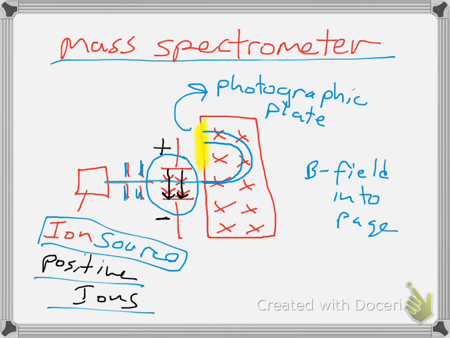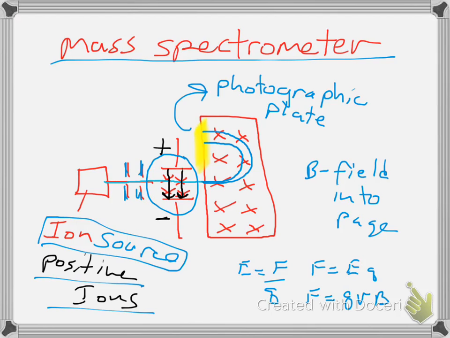But what if you're going too slow? Well, let's take a look at that real quick. Just think about that. E equals F on Q, so F therefore equals EQ. That's due to the electric field on the particle Q. But also F magnetic equals QVB, and in this case sine theta drops out because it'll be perpendicular, sine 90.